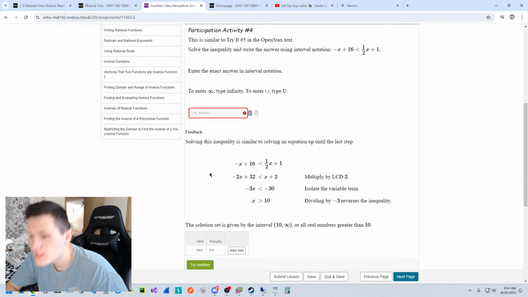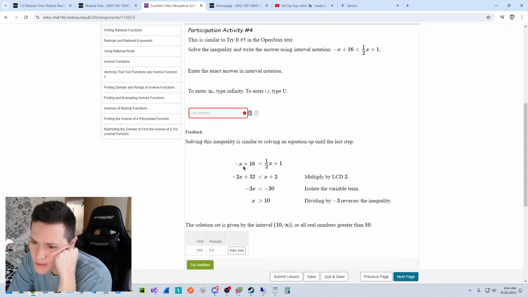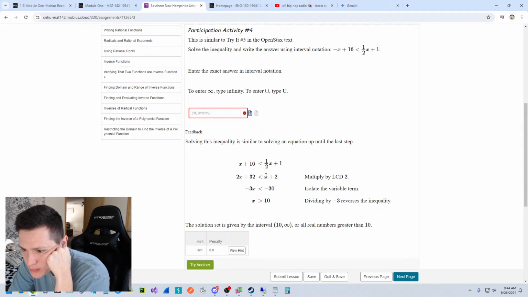Yeah, this doesn't make sense though. So why are we just adding? We're just randomly adding these. That doesn't make any sense.